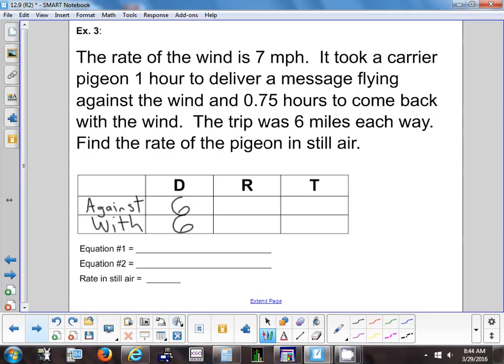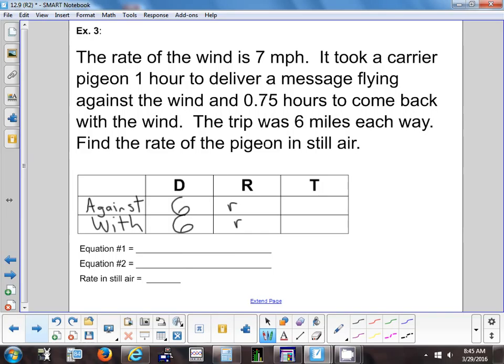Now, do we know the rate of the wind? But do we know how that rate is going to affect how fast the pigeon flies? Do we say, okay, if he gets this wind, he's going to go 8, 10 miles an hour? No, we don't know that. We know the rate of the wind, but we don't know how the wind is going to affect how fast the pigeon goes.